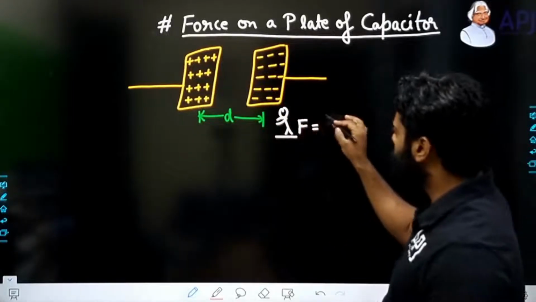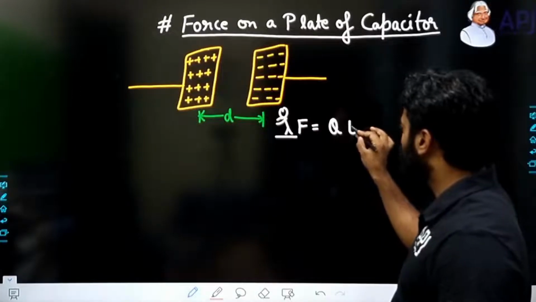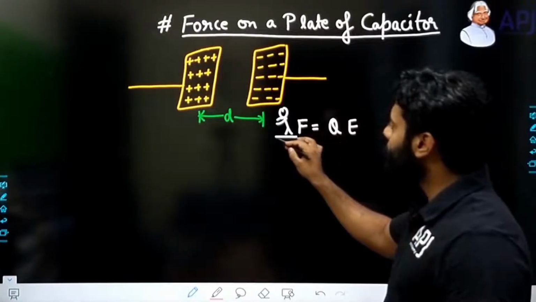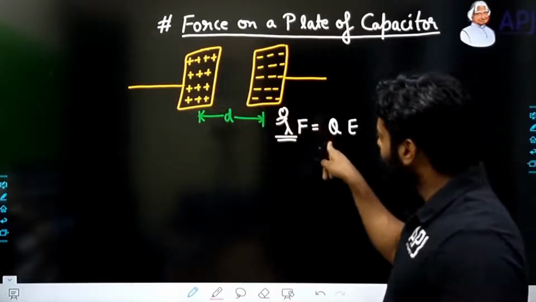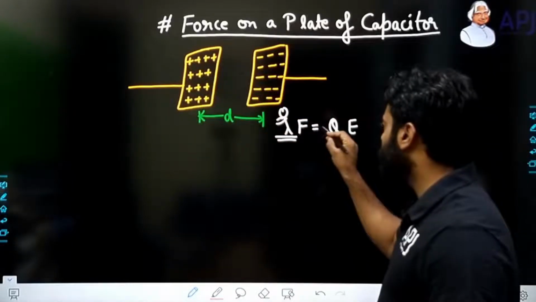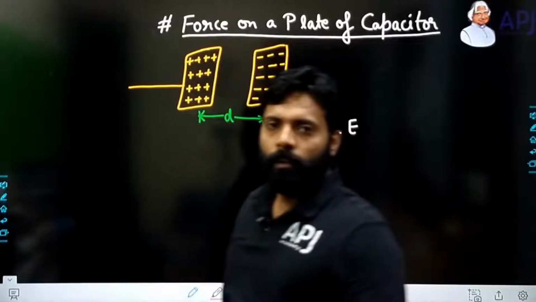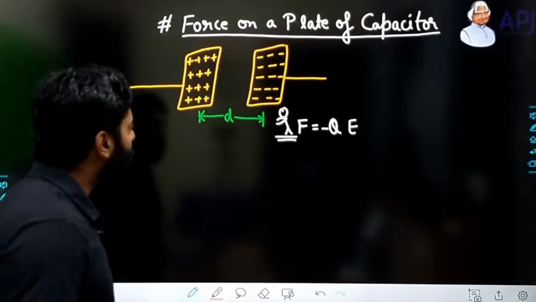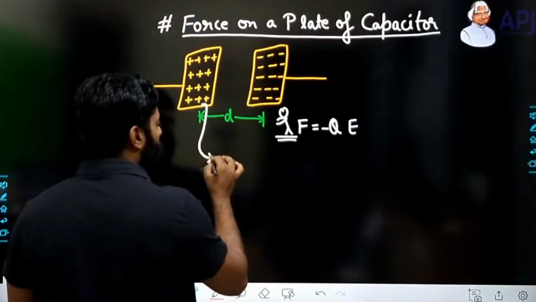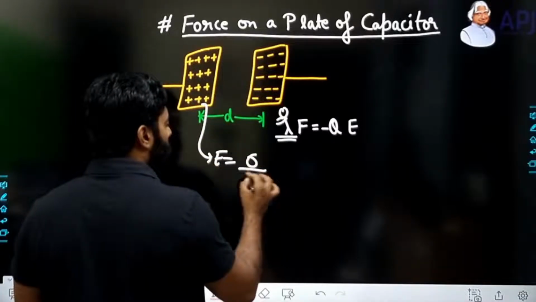The force means QE. Electric field must be due to other plate, and the charge will be due to this plate. How many of you are able to understand, right? And the electric field due to this will be sigma upon 2 epsilon naught.